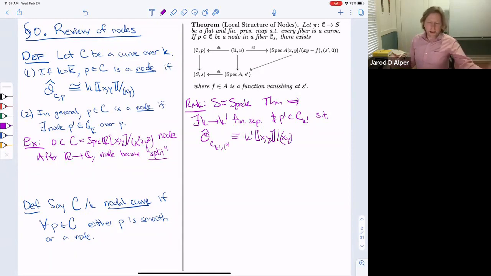And this was a stepping stone of how we prove this theorem as well. We went from understanding what the completion looked like in the fiber to what the completion looked like in the entire family.